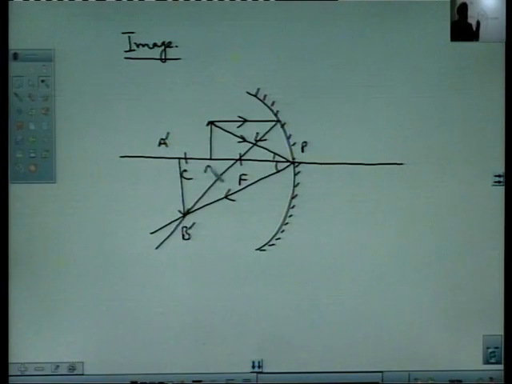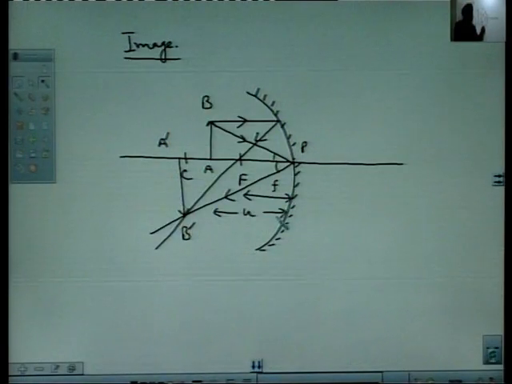This is the object AB, the image is A dash B dash. This distance P to F is called focal length. This distance is called u, the object distance from pole, and the image distance from the pole is called v.